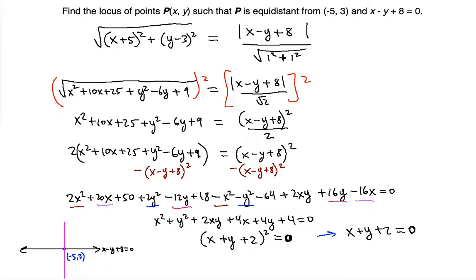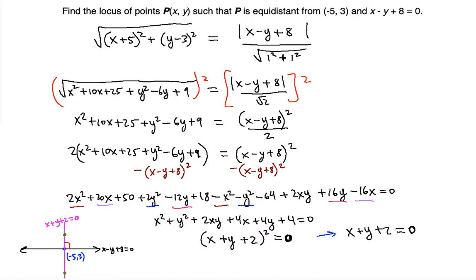It must be perpendicular so that any point on this locus that we found, x plus y plus 2 is equal to 0, will be equidistant from the line and from the point, because the point is on that line, x minus y plus 8 is equal to 0. So any point you choose is going to be the same distance from the line and the point at the same time.